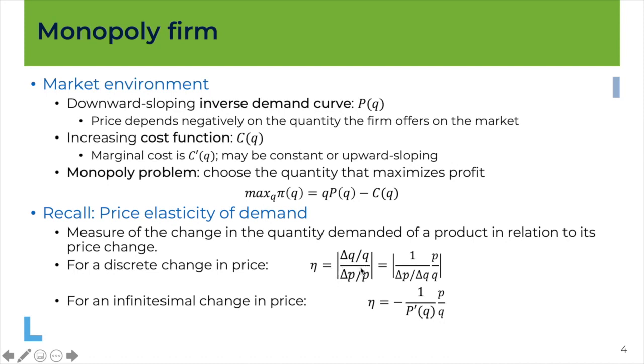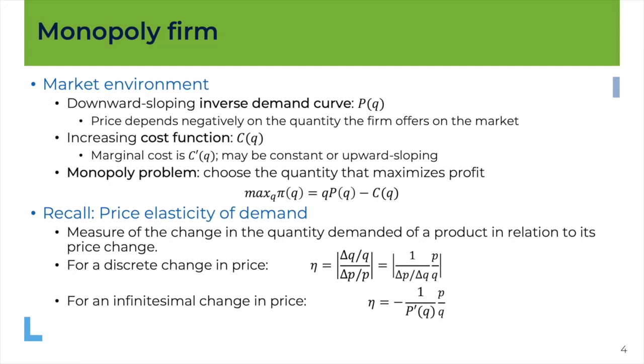Now, if I rearrange this fraction, I can write it in this way. It's 1 over the ratio delta P over delta Q times P over Q. Now, you know that the elasticity is measured at a given point of the demand. So if we want to be extremely precise, we take this change in price and this change in quantity as small as possible.